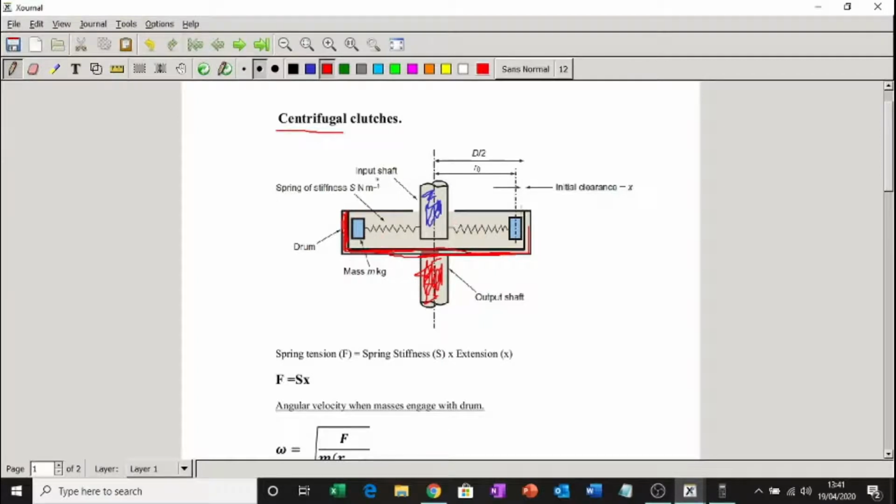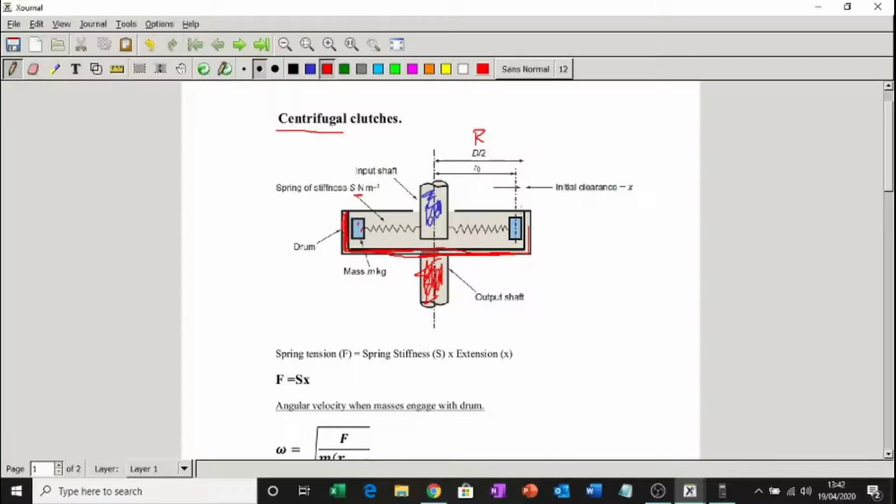So we can work a few things out. D2 is just the diameter of this inner bit here. So D is diameter, that is radius really if you think about it. S is the spring stiffness, because the stiffer the spring, the more RPM you need, the more force you need to get it to move. M is just these masses.